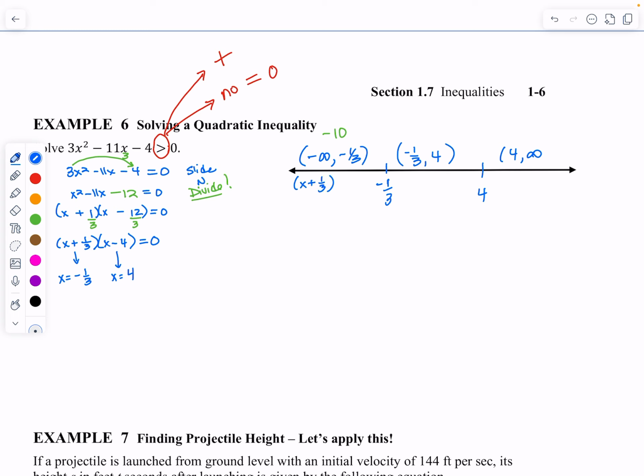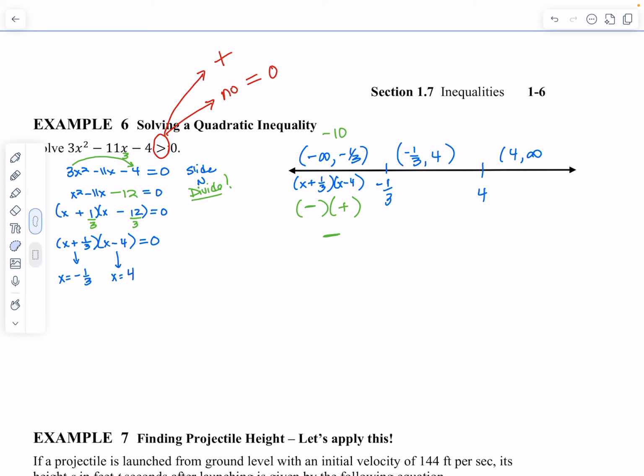Okay, so if I put a -10 in there, that's going to give me a negative, right? Negative 10 plus a little bit more, it's going to be negative. And then on the other part, that's going to be x minus 4. So I'm going to put the 10 in there. So -10 minus 4, that's going to be a negative number. So anything that I put in that interval is going to give me a negative times a negative. That's going to give me something positive.